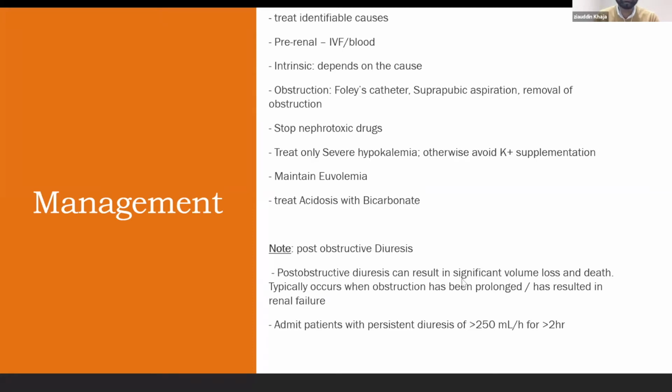That's because, especially with the kidney injury, the reabsorption capacity of the kidney might not be very good, and then fluid just pours out. So you have to keep that in mind. Initially, as a medical student, I used to be really happy. Once we put a catheter, oh my God, there's so much fluid stuck in there, and it just keeps coming and coming. So that's something that we should be worried about.